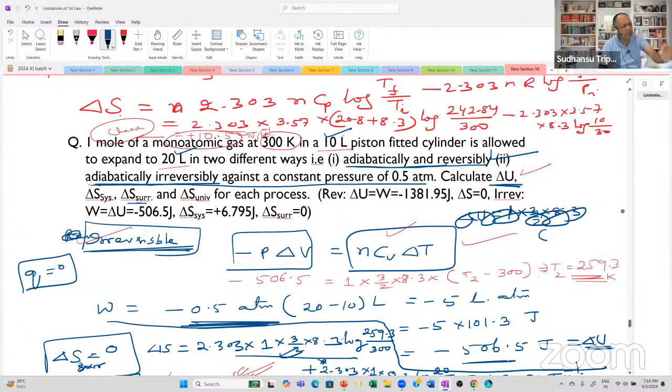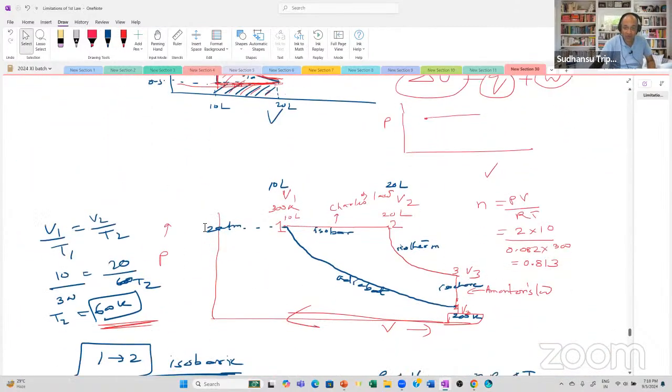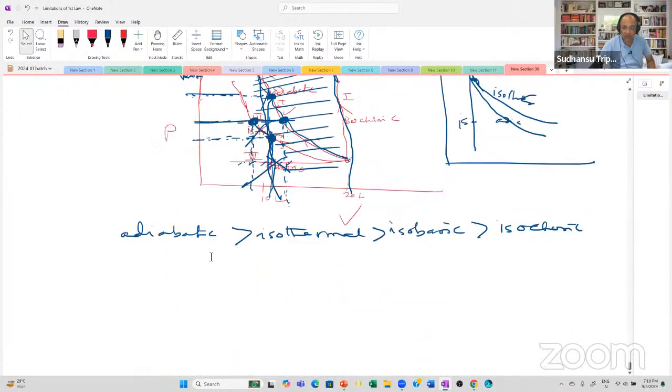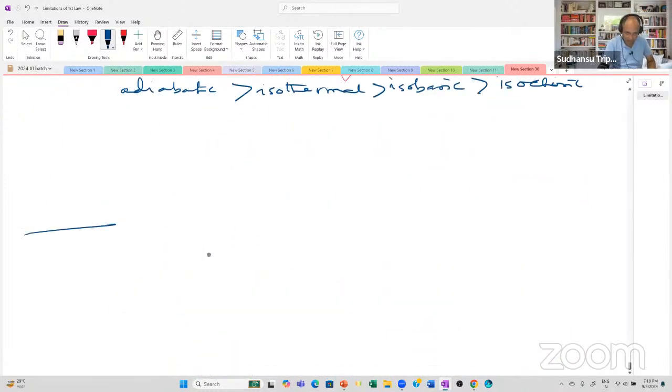If you use the temperature data that we have found out, the answer will be exactly 506.5, because you have found it based on P delta V. So if you use the same temperature and find CV delta T, the answer will be the same. But let us go for the reversible process.